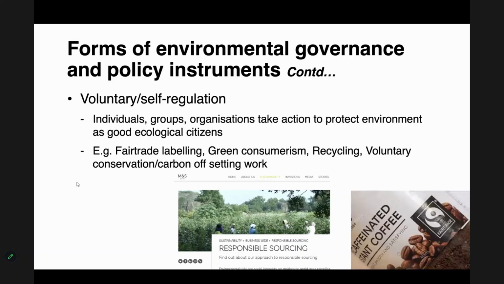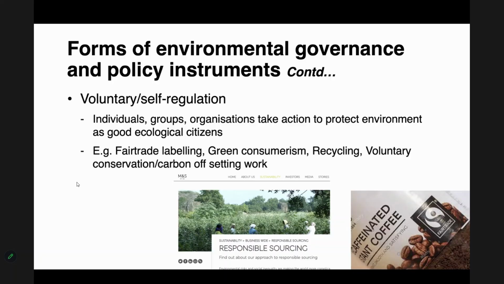And then about legislation and market-based action, self-regulation actions as well. So as individuals, groups, or organizations, you take the initiative and you decide you're taking certain actions for the environment as good ecological citizens.